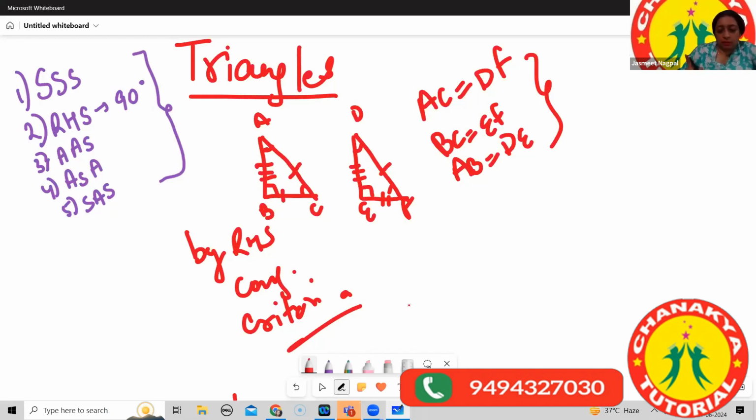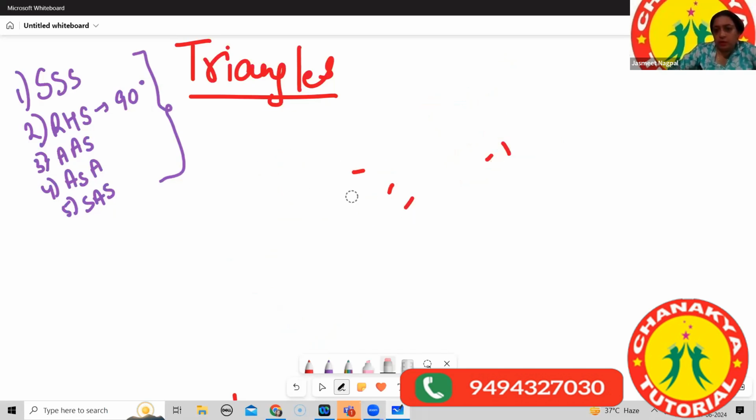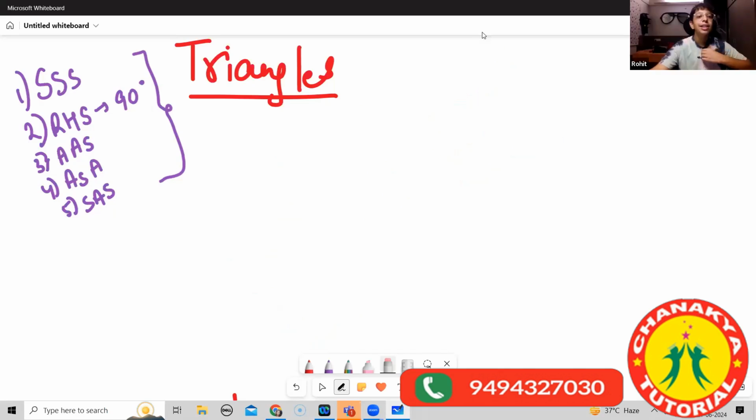Triple A is not a right condition, SSA is not a right condition. You can't write SSA, ASS, and triple A. Okay, note it down, because it is wrong. So we can't write triple A, SSA for right angle. The formation is always the same.